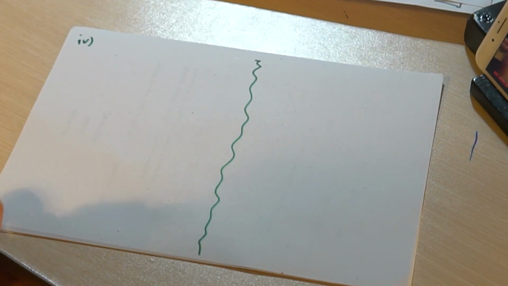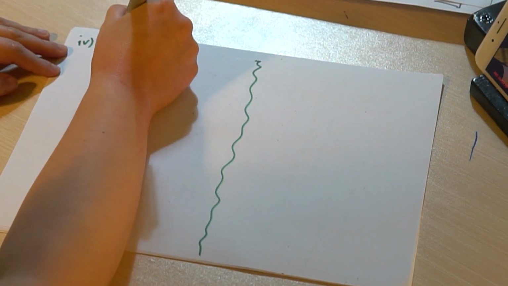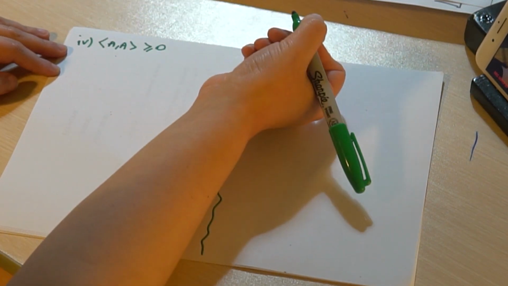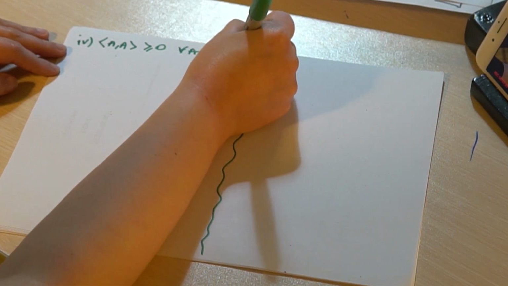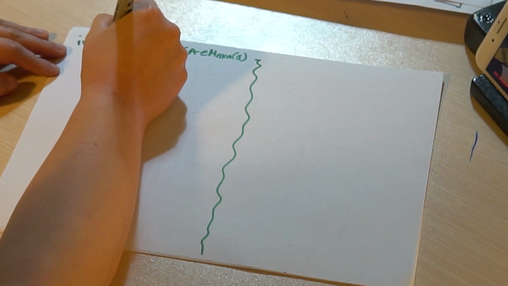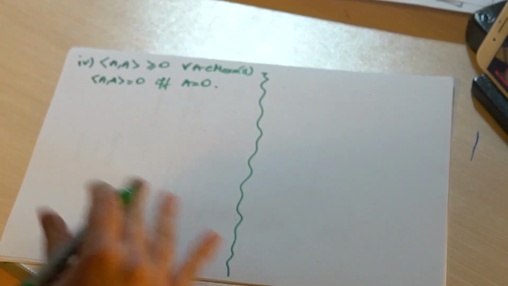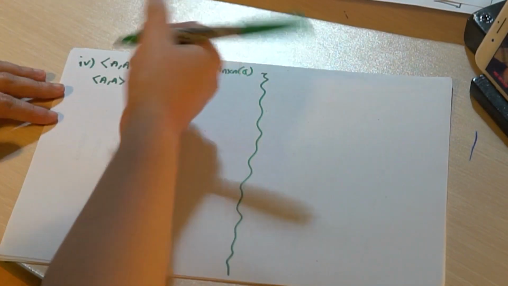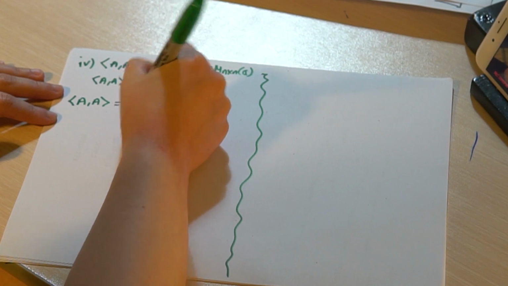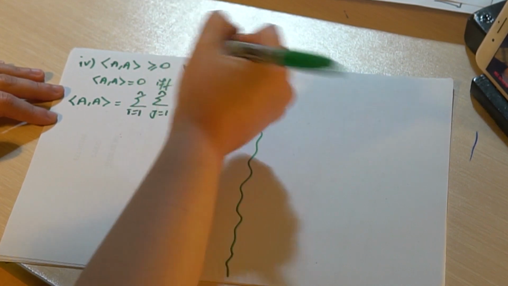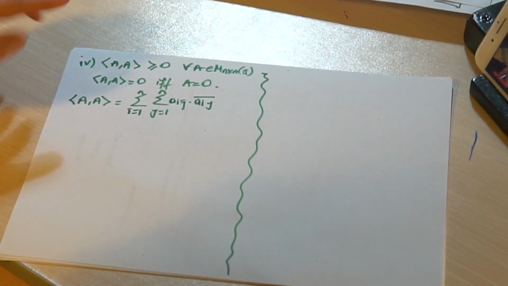The fourth one is to show that the product AA is greater than or equal to 0 for every A in n by n matrices over C, and AA is equal to 0 if and only if A is equal to 0. Now, let's show this. AA is equal to the sum over I from 1 up to n, J from 1 up to n, of Aij times Aij conjugate.